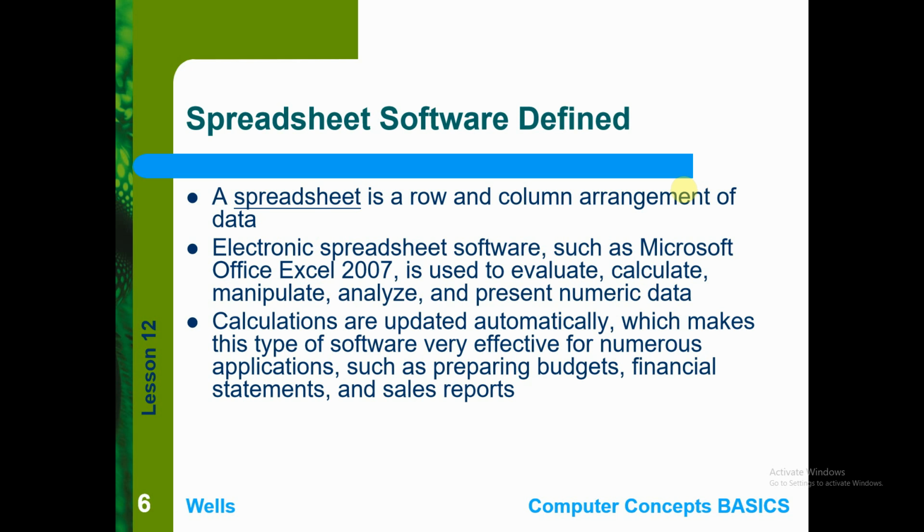There are newer versions, the latest ones. But its functioning is the same: evaluating, calculating, manipulating, analyzing, and presenting numeric data. So calculations are updated automatically, which makes this type of software very effective for numerous applications. Examples are preparing budgets, financial statements, and sales reports.